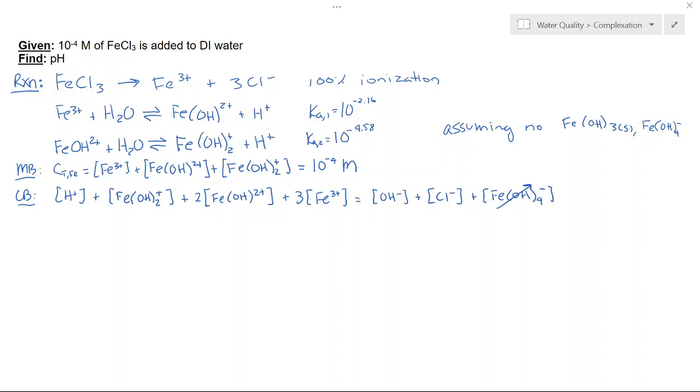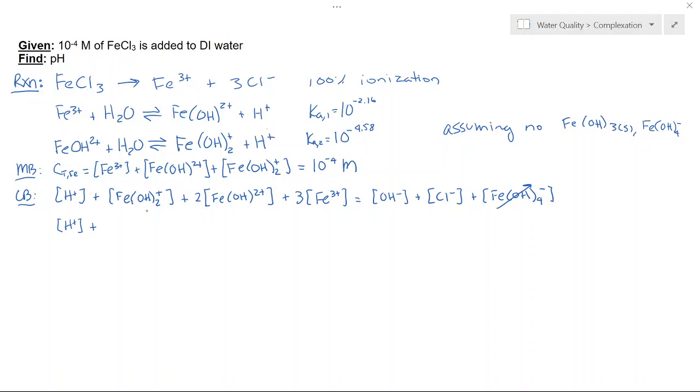Okay, so we're treating this as a diprotic acid. So in the next step, I'm going to replace some of the species with alpha expressions, and I'm solving for pH. So this is my variable, hydrogen ion. And now I'm going to substitute this for an alpha times CT expression.